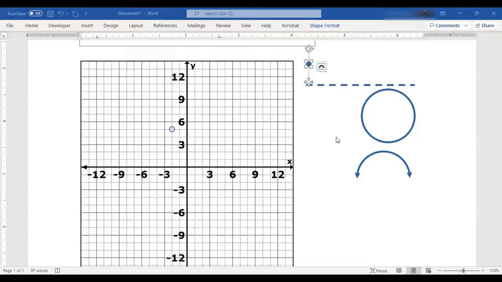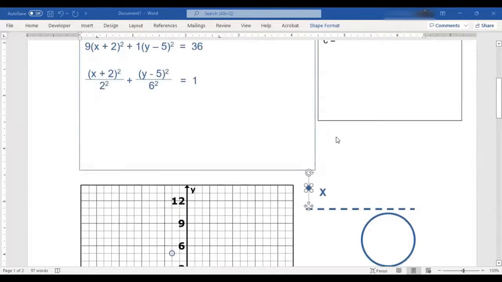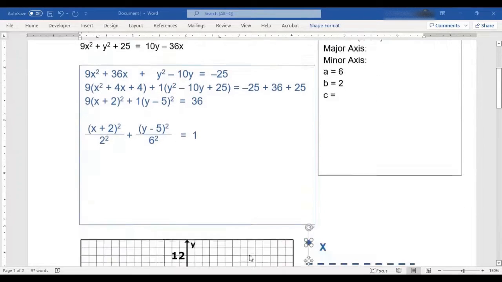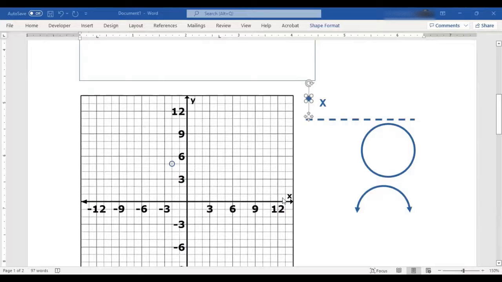Okay, I fixed it. I now have a bigger graphing space. So let's go ahead. A is 6, so I'm going to have to go up and down 6 from the center. Let's go up 6. 1, 2, 3, 4, 5, 6.